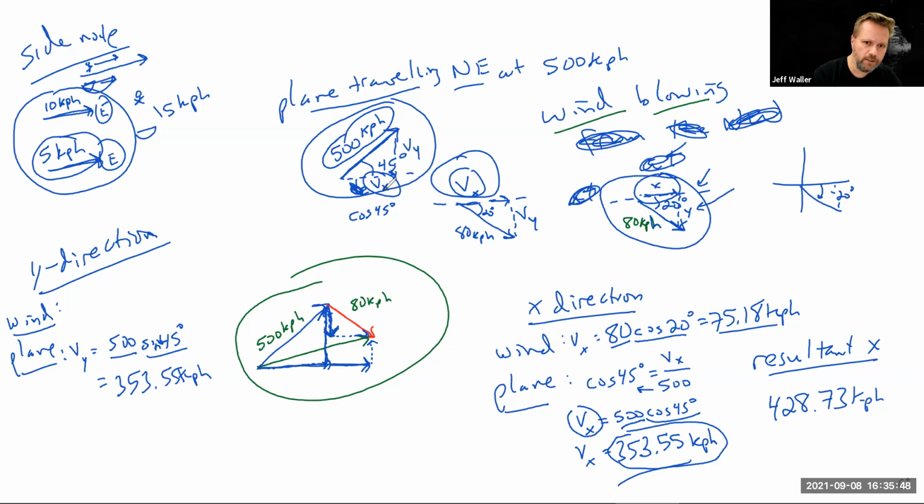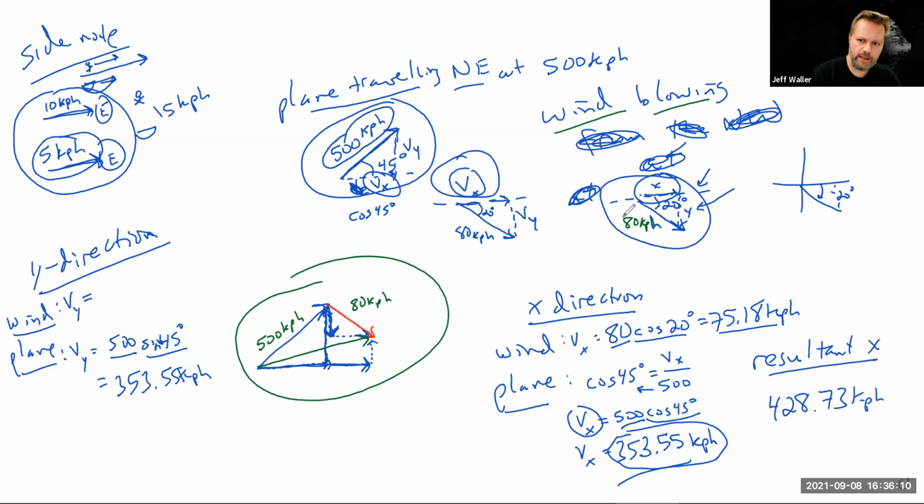The plane wants to go north more than south, obviously, right? It's got a north piece to it, doesn't it? And the wind has a south piece to it, doesn't it? So what is the wind's y piece? How do I figure out this y piece?